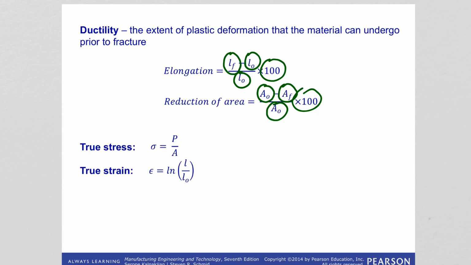So what we have just learned was an engineering stress-strain curve. There is also a true stress-strain curve. It is obtained similarly, but this time the force is not divided by the original cross-sectional area, but instead by the instantaneous cross-sectional area. Therefore it is not decreasing after the necking as we observed in the engineering stress-strain curve.